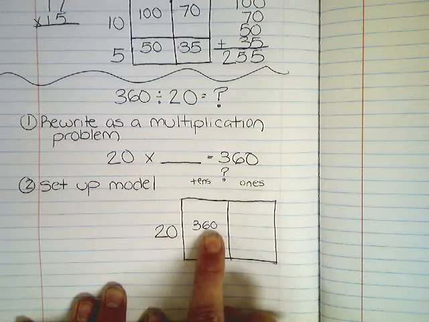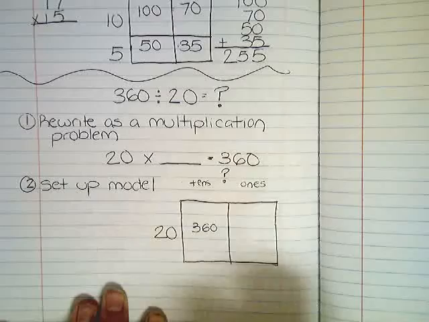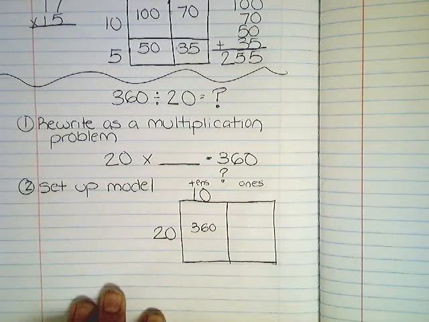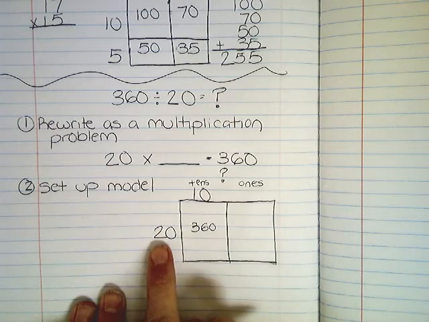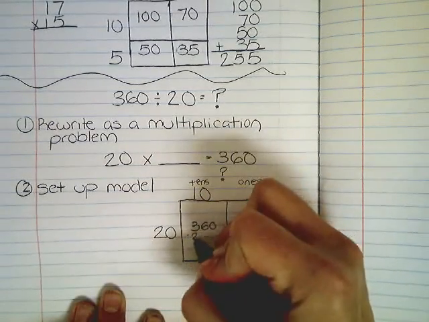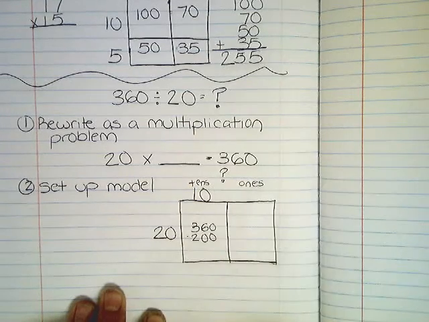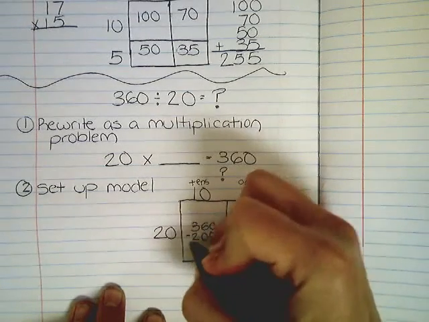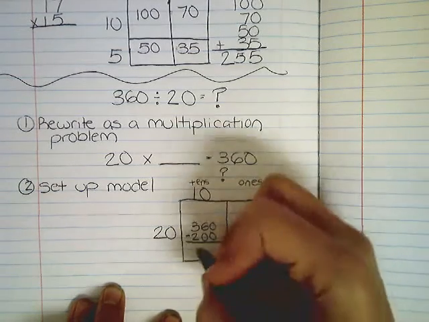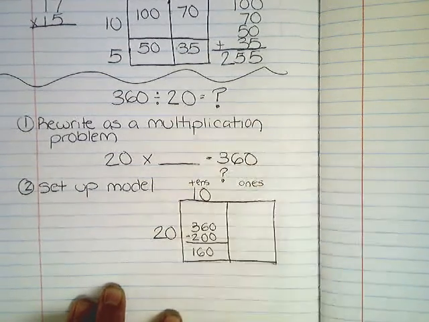So the closest I can get to 360 is 20 times 10. 20 times 10 is 200. So we'll write 200 underneath and subtract. 360 minus 200 is 160.